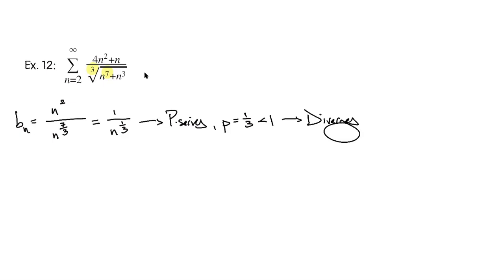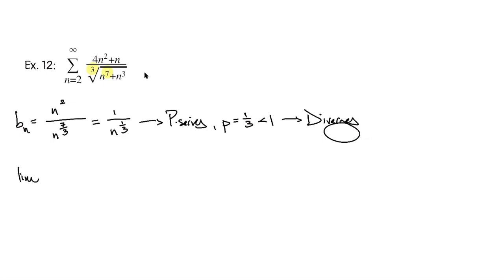So we've got our b sub n. We already know what happens to it. We know that it's going to diverge. So if we get a number at the end of our limit comparison test that is positive, that is finite, then we know that this messy looking series that we have here will also diverge.